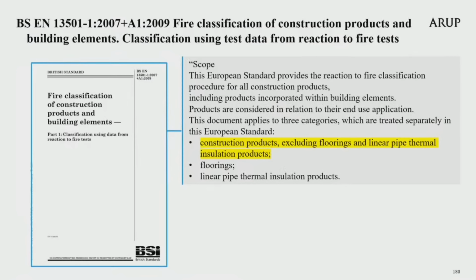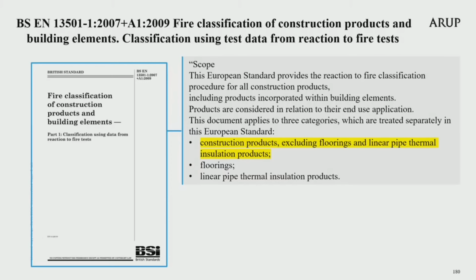The overarching classification standard for European reaction to fire testing is presented in BS EN 13501-1, the fire classification of construction products and building elements, using test data from reaction to fire tests.